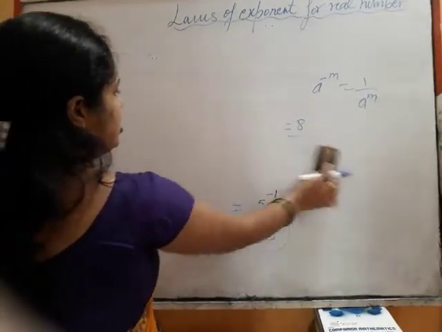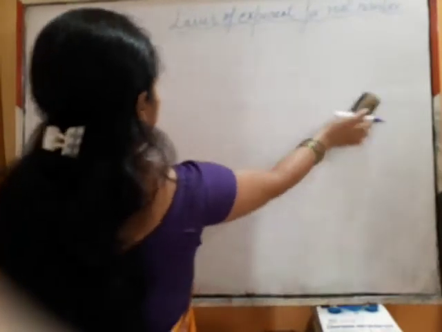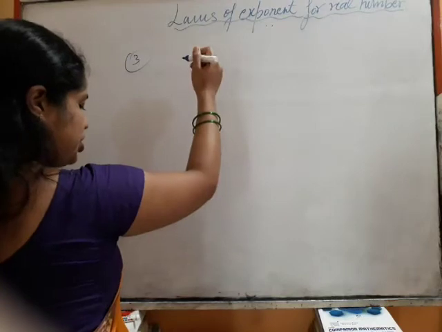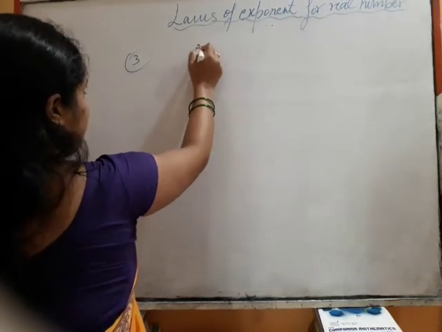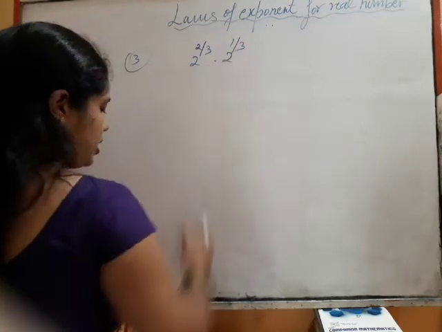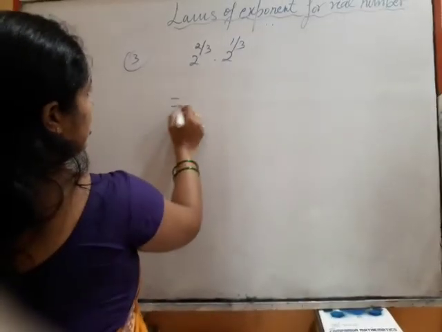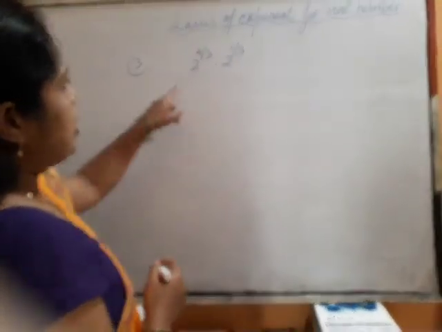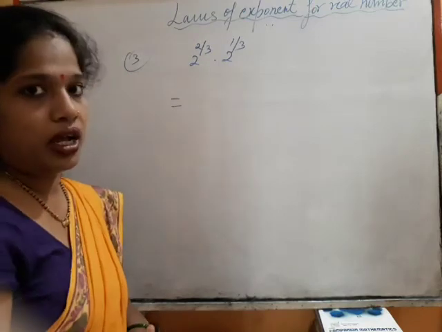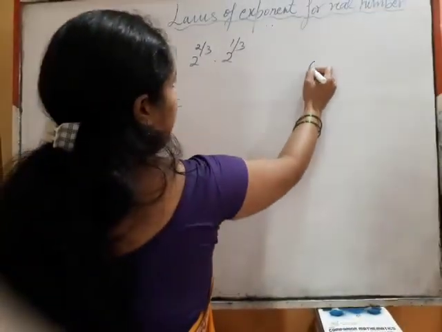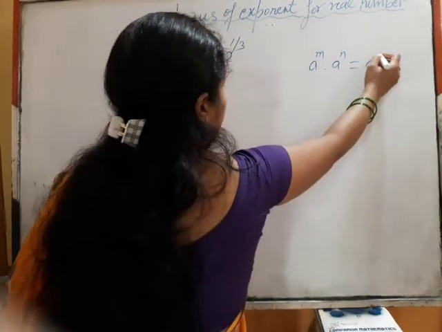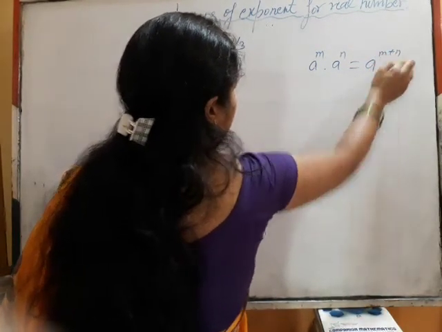Now some more questions. Third question. 2 raised to the power 2 upon 3 into 2 raised to the power 1 upon 3. Here can you see that the bases are same and the exponents are different. Now according to the law, a raised to the power m into a raised to the power n is a raised to the power m plus n.